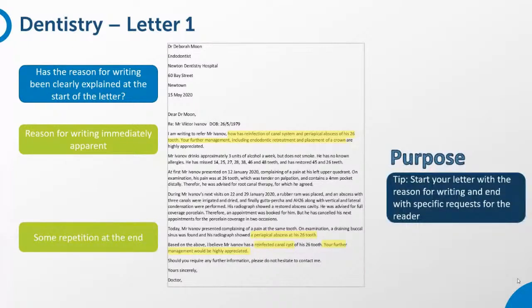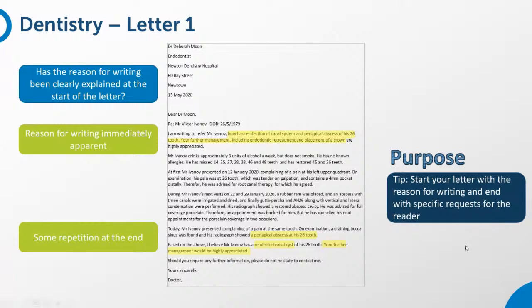So my tip for purpose to get a good score is to start with the reason for writing the letter in a high overall sense, and then end it with the specific requests that you have for the reader. So in this case, moving the second sentence that we can see in the introduction to the end of the letter would remove those repeated elements.